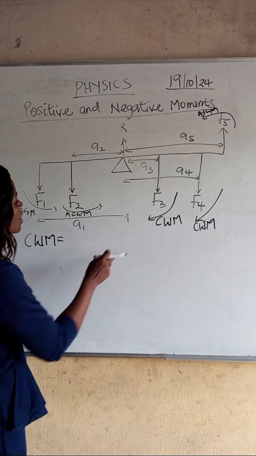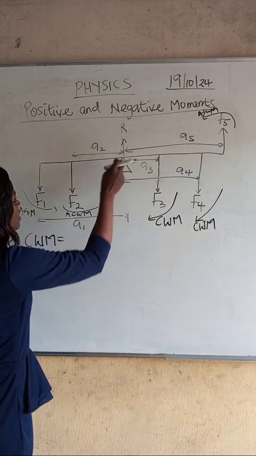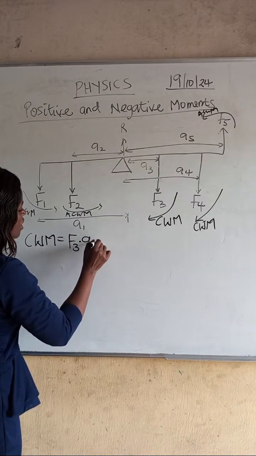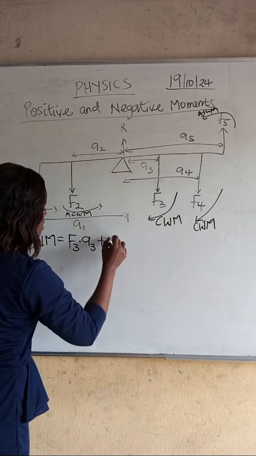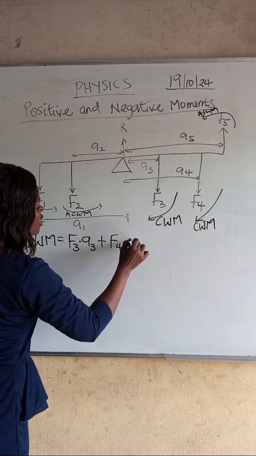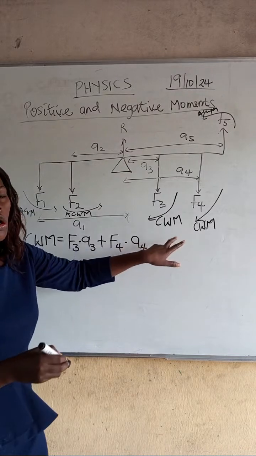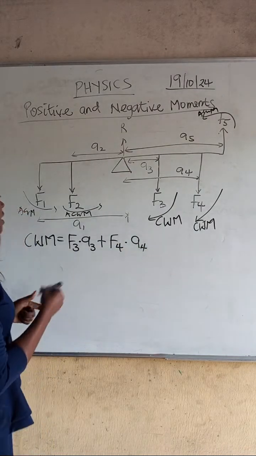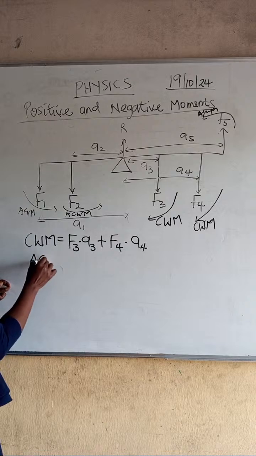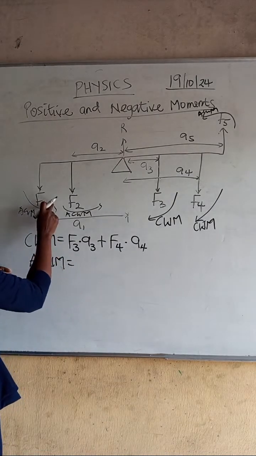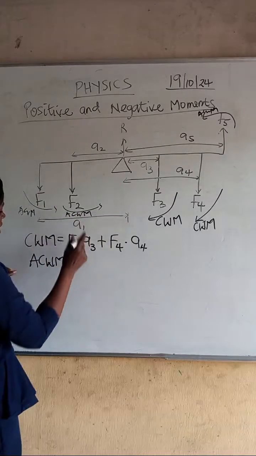Clockwise moment is equal to F3 and the distance is A3. That is F3 dot A3 plus F4 dot A4. The two of them are clockwise moments. Then anti-clockwise is equal to F1, and the distance from here to that is A1.